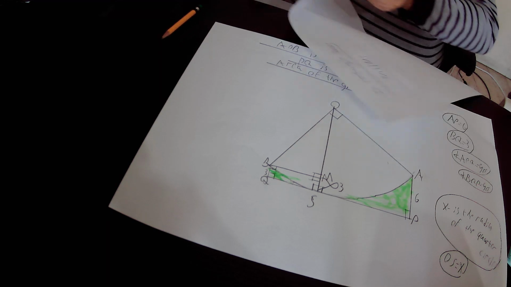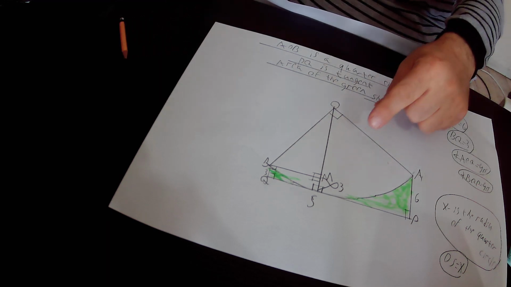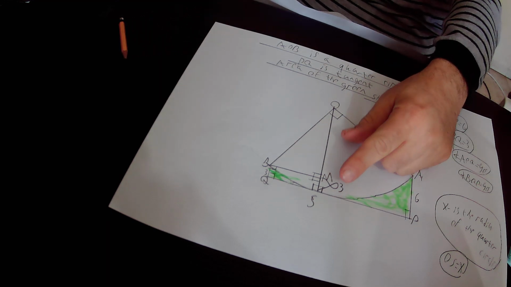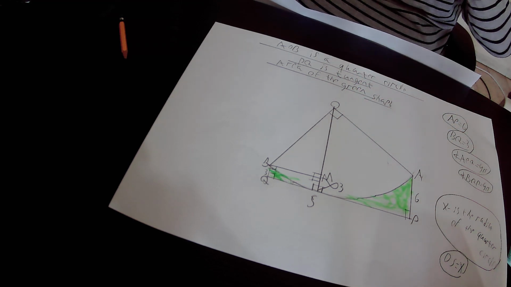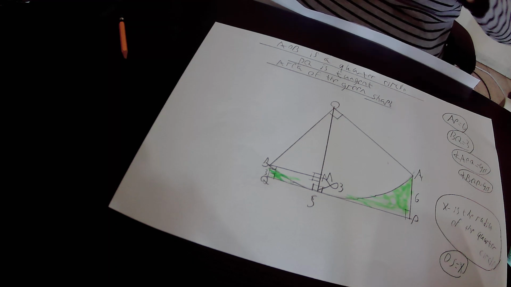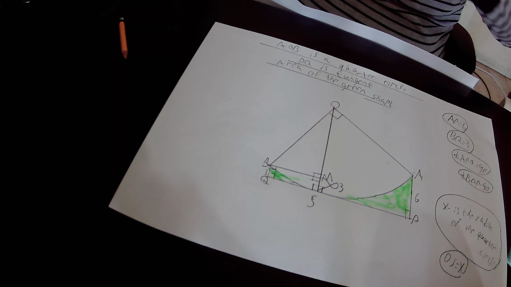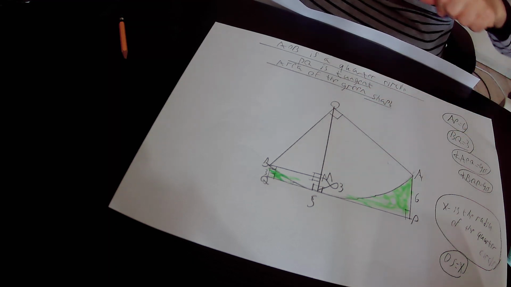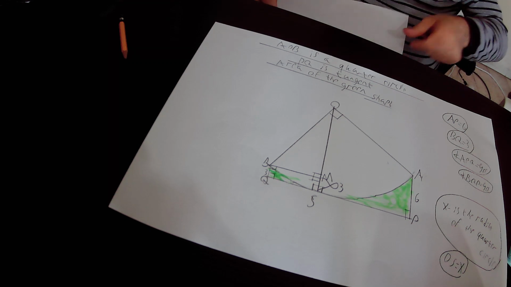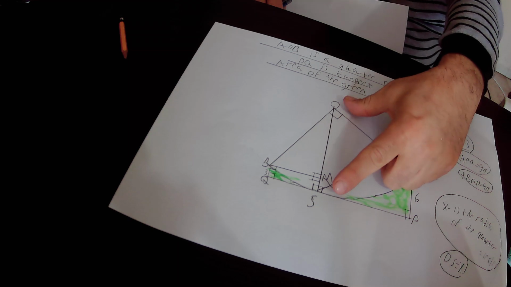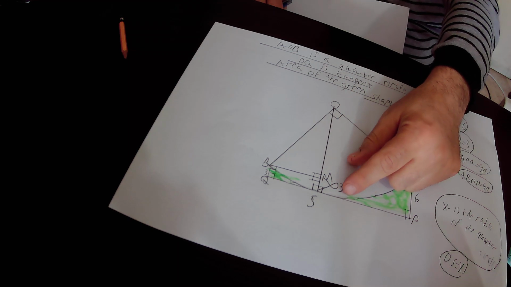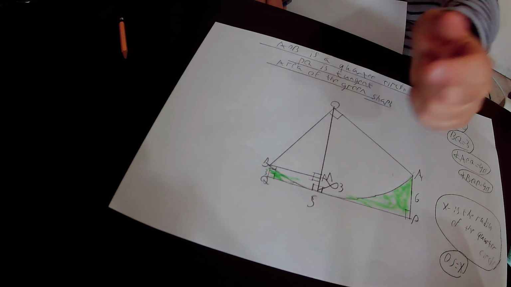So here side MS is part of OS. OS is the radius of the quarter circle, therefore it is absolutely a straight line. OS is a straight line, so MS is part of OS. Again, MS is part of OS and MS is parallel to BQ.